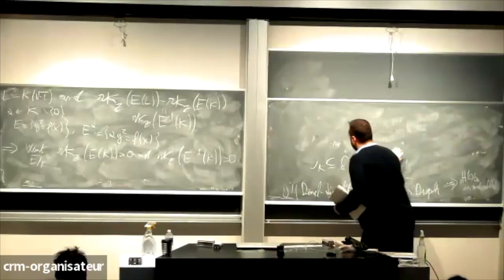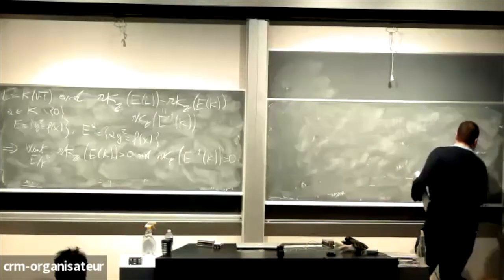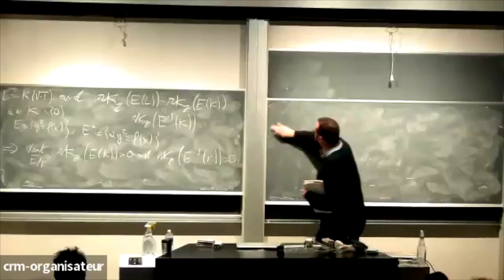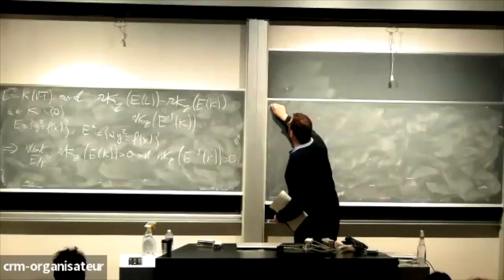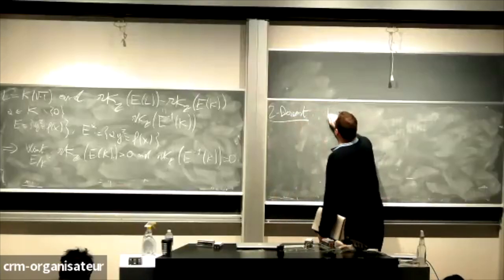It is an approximation of the rational points of an elliptic curve from above. 2-descent is a special case of descent.